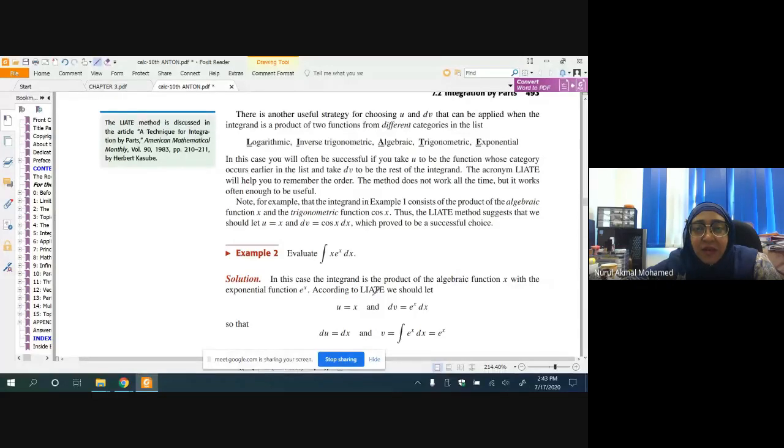According to this order, x is algebraic and e^x is exponential, so your choice will be u equal to x, not the other way around, because we follow this order.